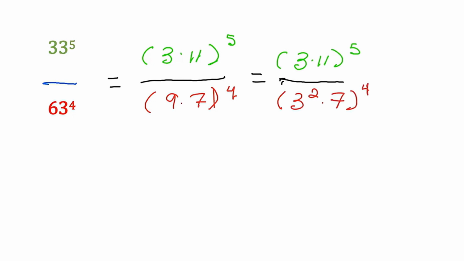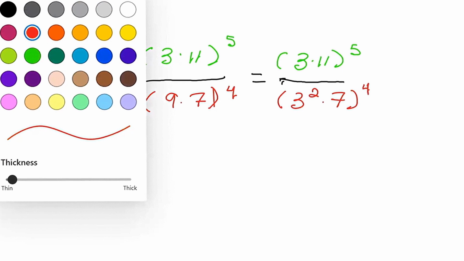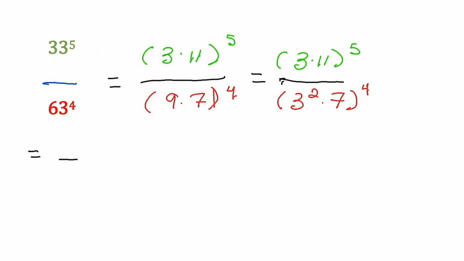For lack of a better word, distributing that exponent across the multiplication. So that in the numerator, we've got 3 to the fifth times 11 to the fifth, whereas in the denominator, we've got 3 squared to the fourth times 7 to the fourth.